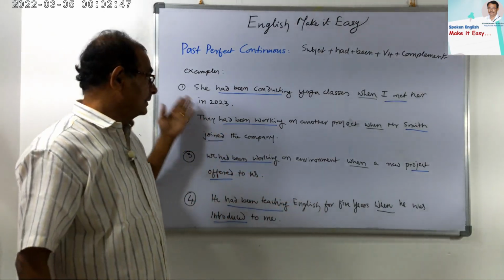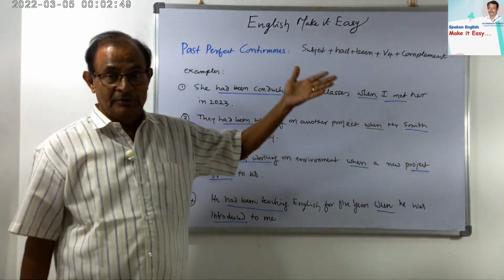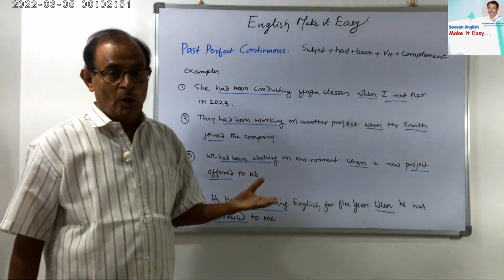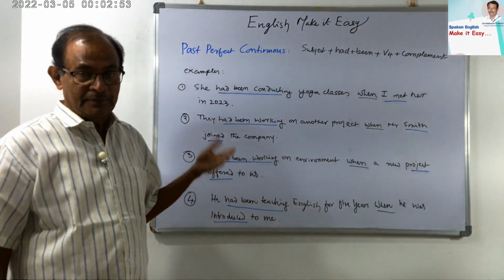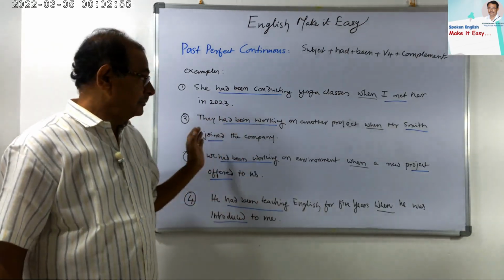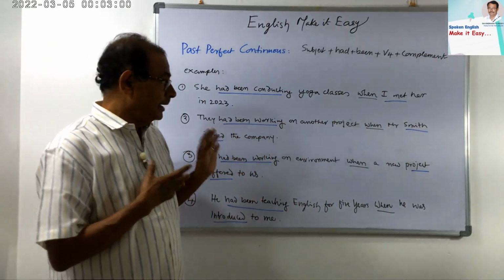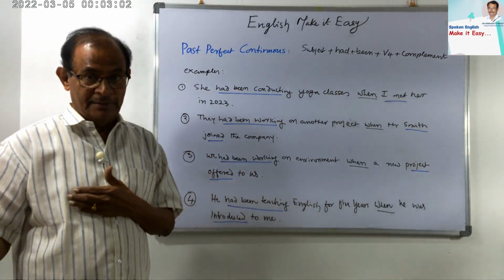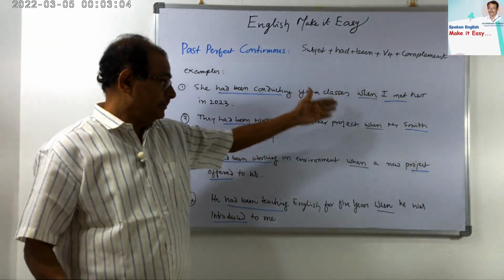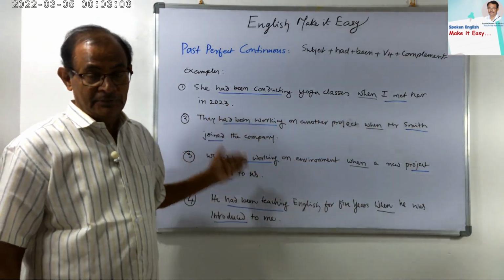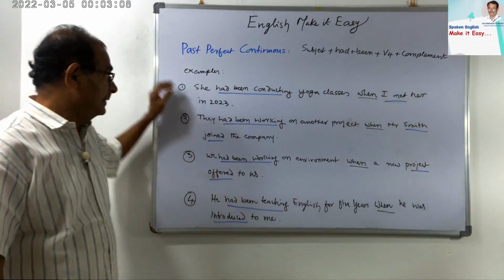Okay, these are good sentences which will give more clarity on past perfect continuous, and we cannot use it simply as it is, but this past perfect continuous should be clubbed with another past time clause, one simple past and the other a past perfect continuous. Shall I read them again?